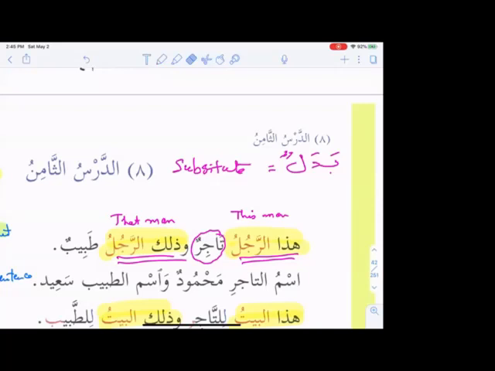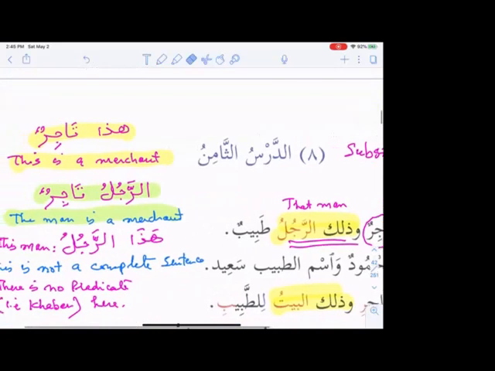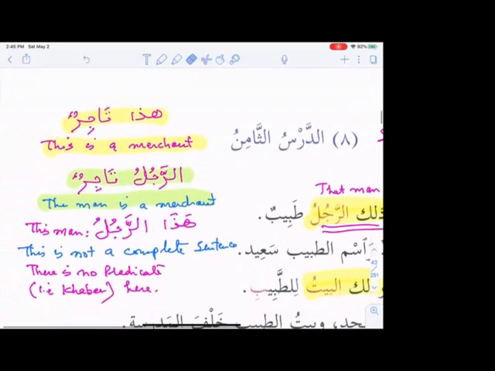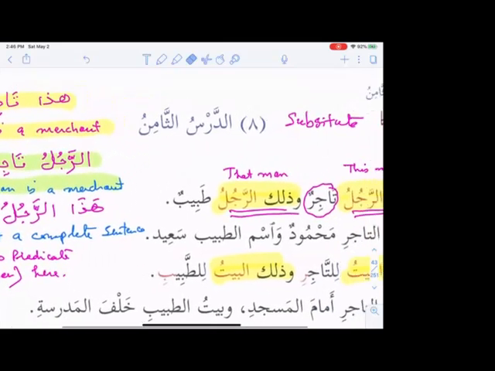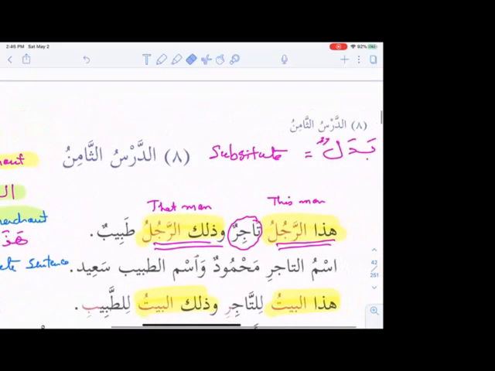Now, why do I say badal? See, because here I say to you, Hadha Rajulu Tajirun. So I can change this and still give you the good meaning. Hadha Tajirun.